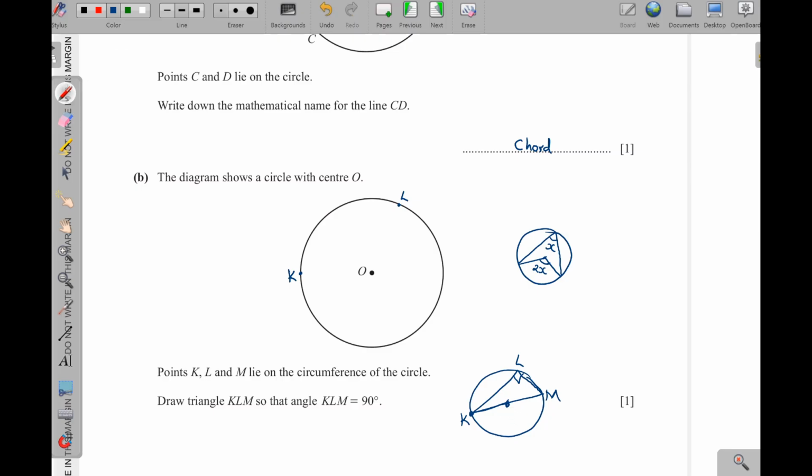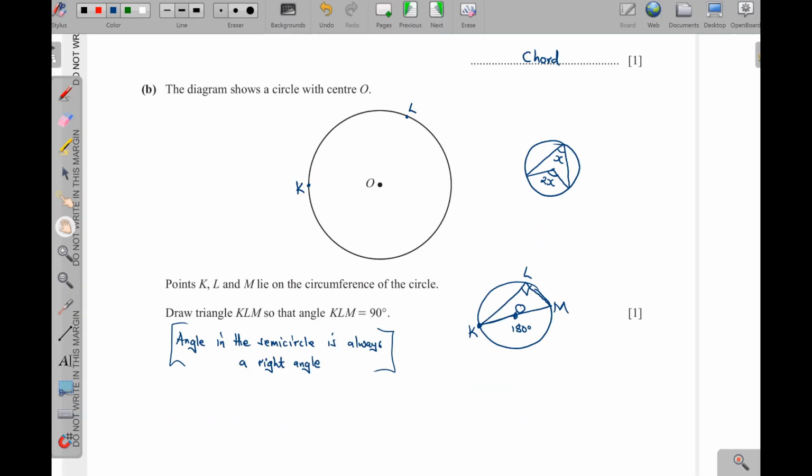So if this one is 180 degrees, then this one has to be 90. So angle at the center, let me even write it here. Angle in the semicircle. Angle in the semicircle is always a right angle. So because of that, KM must be the diameter.